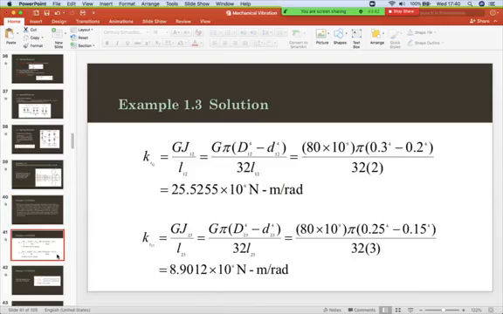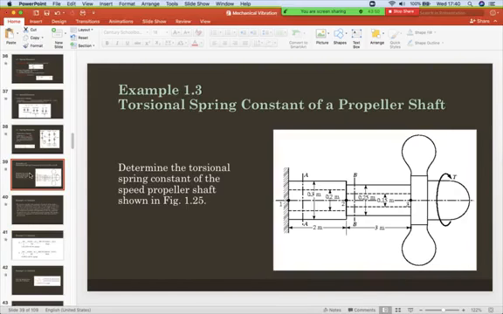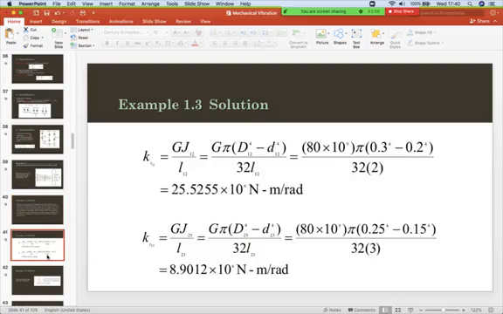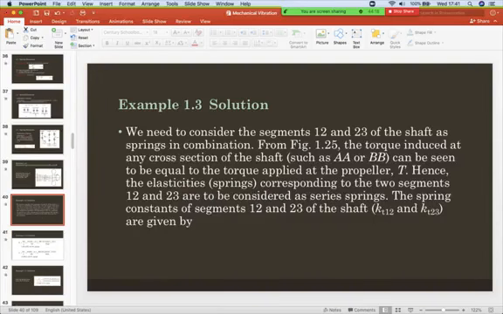So it goes now here. As you can see, we have the value G π. So G is 80, which is not given here, so we just provide this 80 times 10⁹, that is Gπ, then D, the outside diameter, and the small diameter, divided by 32, and the length L is 2.